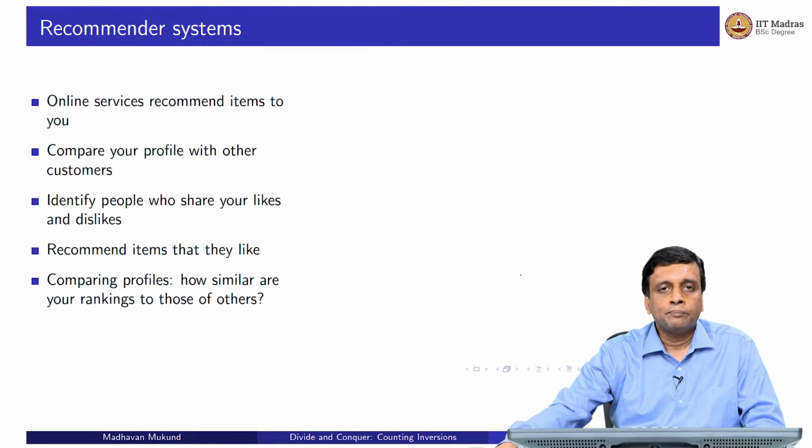How do you compare one customer against another customer? How do you find out whether this customer is similar to that? Well, the assumption is that these customers over time have given some ratings or rankings. So it essentially boils down to checking your likes and dislikes, which is the same as comparing the rankings that you give with the rankings that somebody else gives.